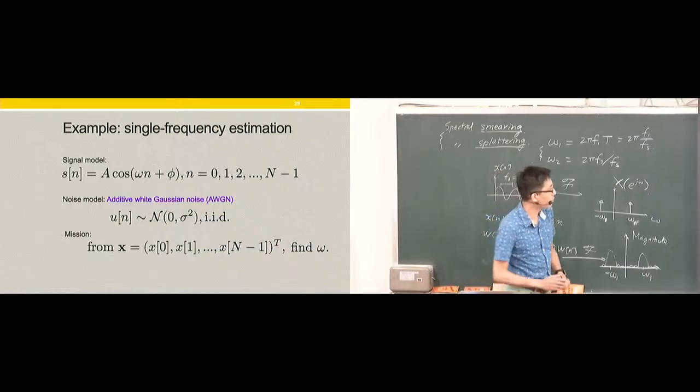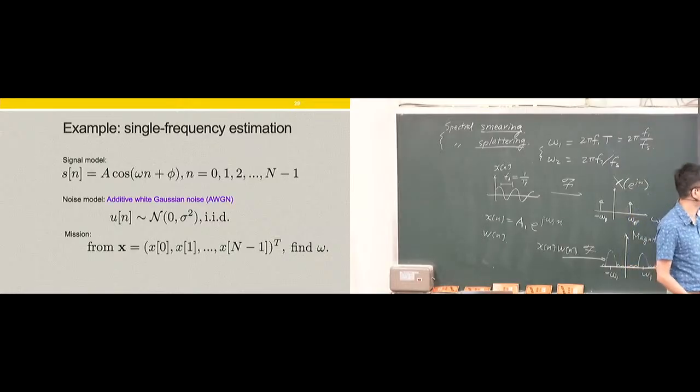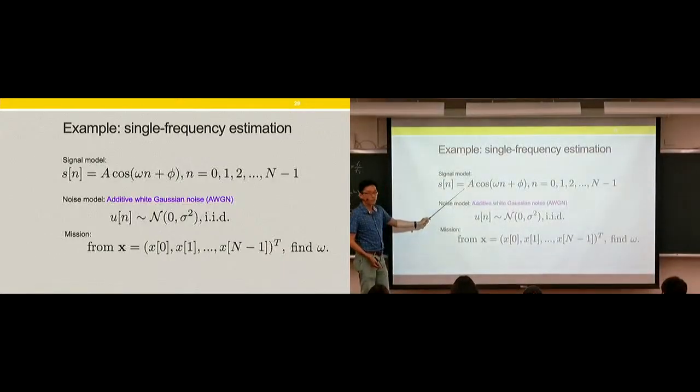Here's an example, and we will finish our lecture after this. Suppose we have a signal model where our signal is parameterized by one unknown frequency, omega. Assume for now that we know phi and A, but omega, the frequency, is unknown.